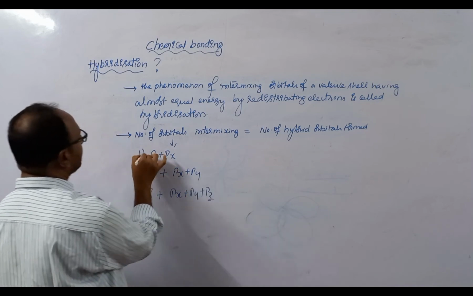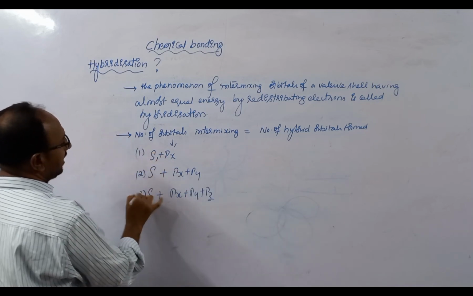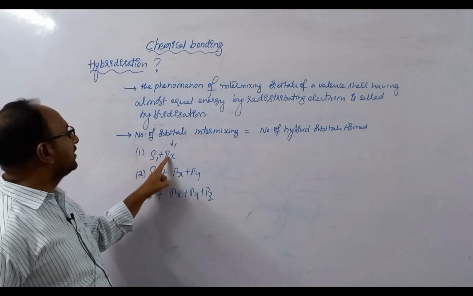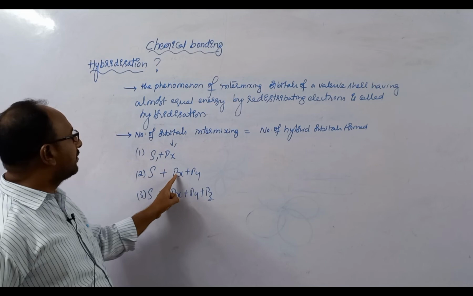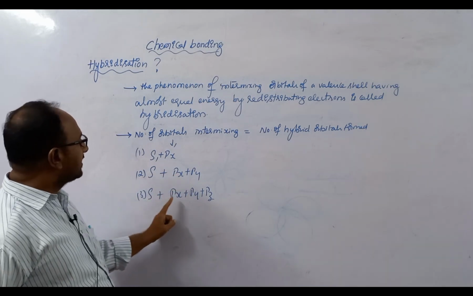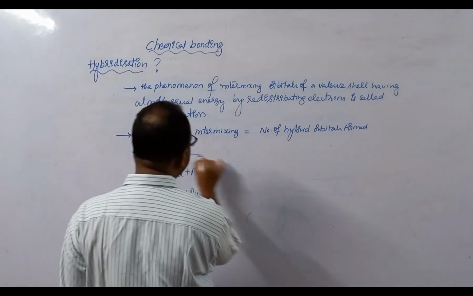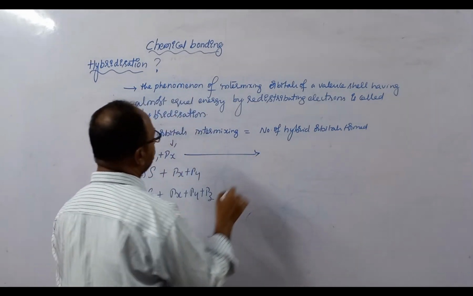These are pure atomic orbitals. The valence shell s orbital may intermix with one p orbital, s may combine with px and py, s may combine with px, py, pz. So if 2 orbitals intermix, 2 hybrid orbitals are formed.